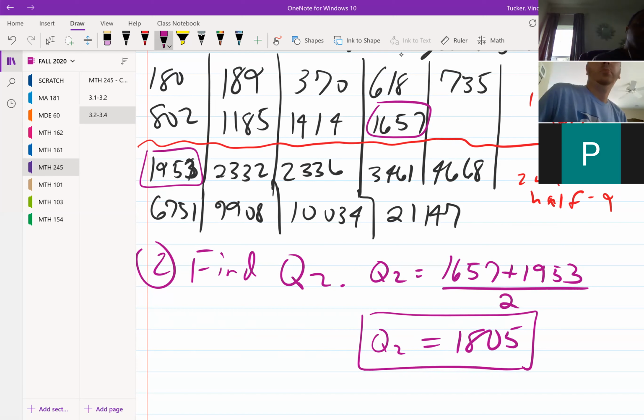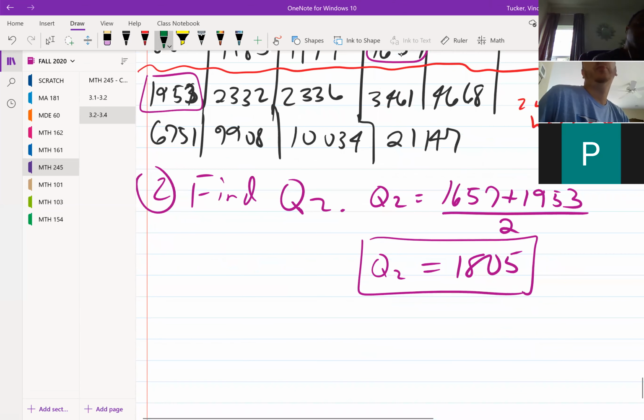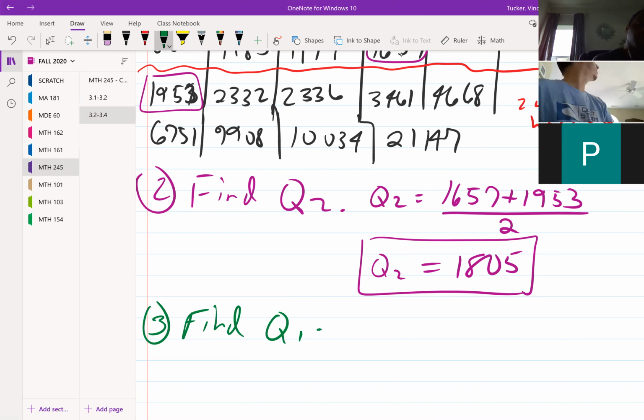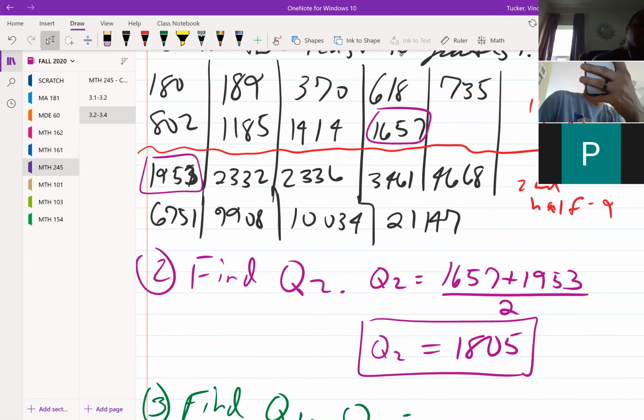So remember, once again we're trying to find our quartiles, and our quartiles are just medians, middle values. Now to find Q1, we want to look at the middle value of the first half of data.